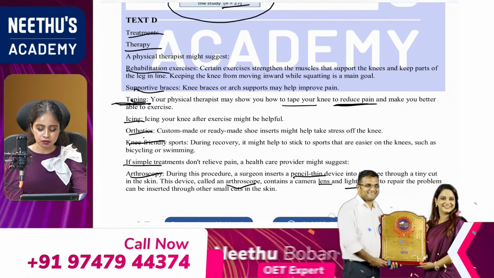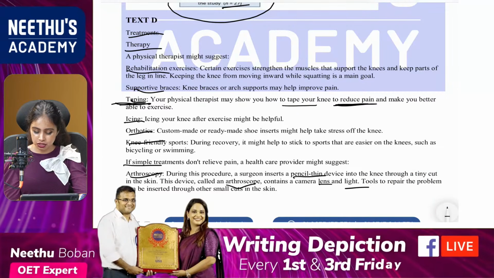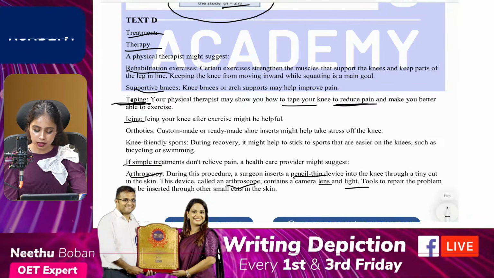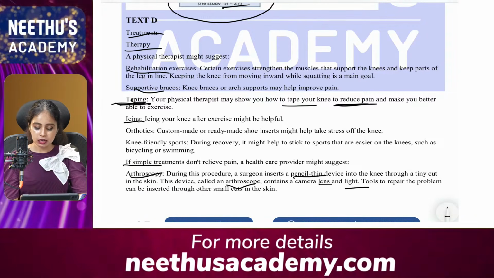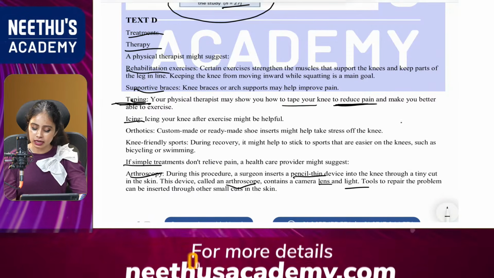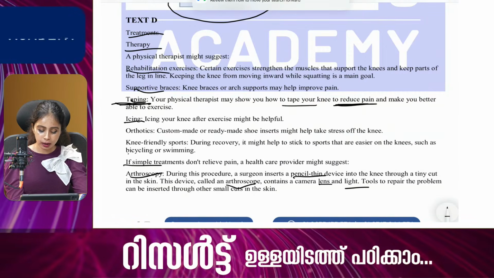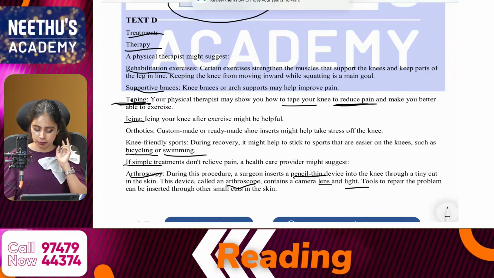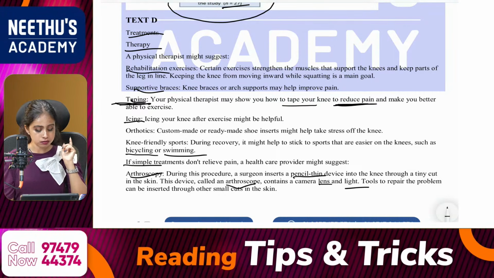Knee-friendly sports are mentioned. During recovery, it might help to stick to sports that are easier on the knees, such as bicycling or swimming. So the 2 examples are bicycling or swimming.